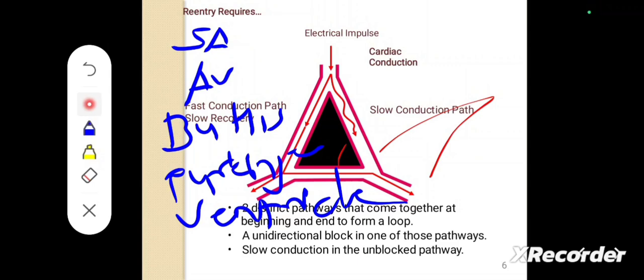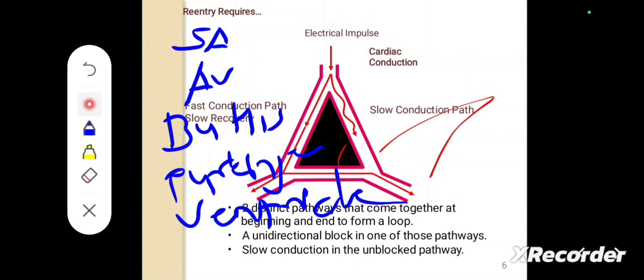The conducting system is large enough so that the conduction pathways are repolarized before the next sinus impulse arrives at the AV junction. So the bundle of His, Purkinje fibers and ventricles are repolarized before the next sinus impulse arrives at the AV node. So this is normal.